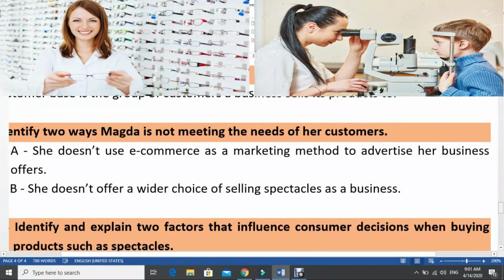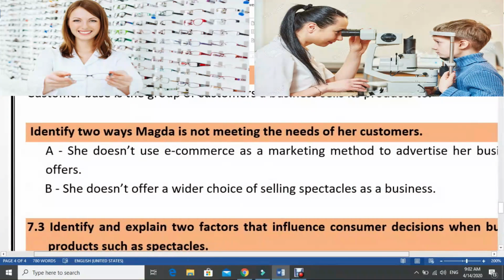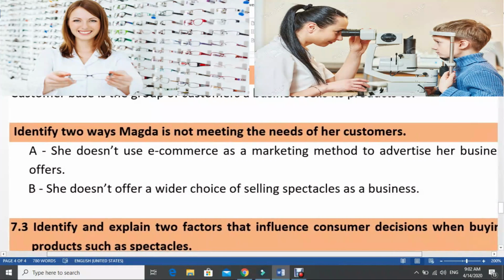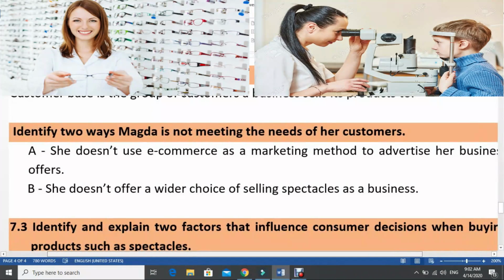Identify 2 ways Magda is not meeting the needs of her customers. The first one, I think, guys, and it is the right one, she doesn't use e-commerce as a marketing method to advertise her business offers. The second one is she doesn't offer a wider choice of spectacles as a business.